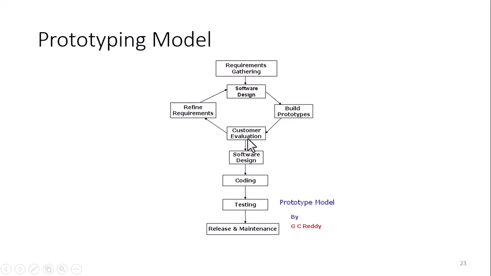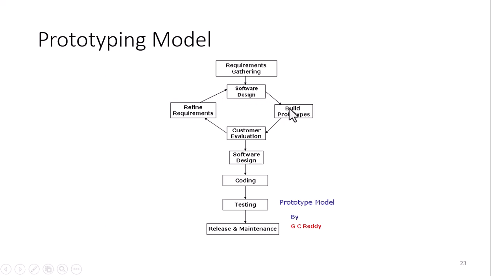Or if they do not agree, or want to make changes, or maybe some more functionalities are required, then requirements are refined, and you go back to the designing phase. So from the prototypes and prototype evaluation, you refine the requirement list and then the design, and go back to this phase.